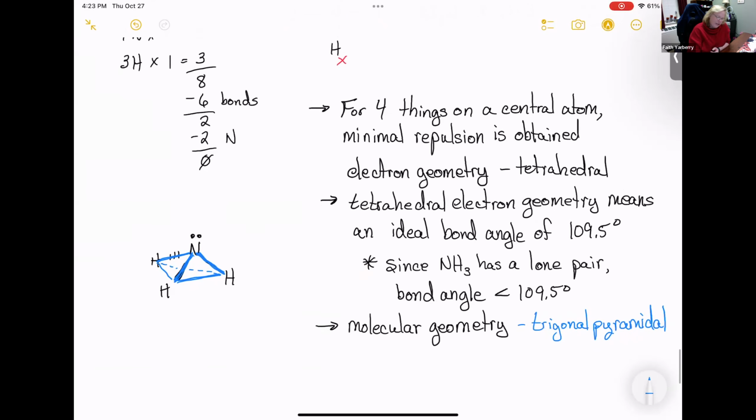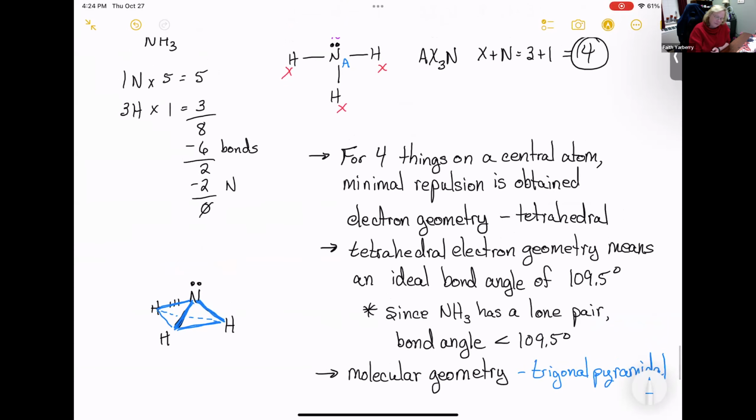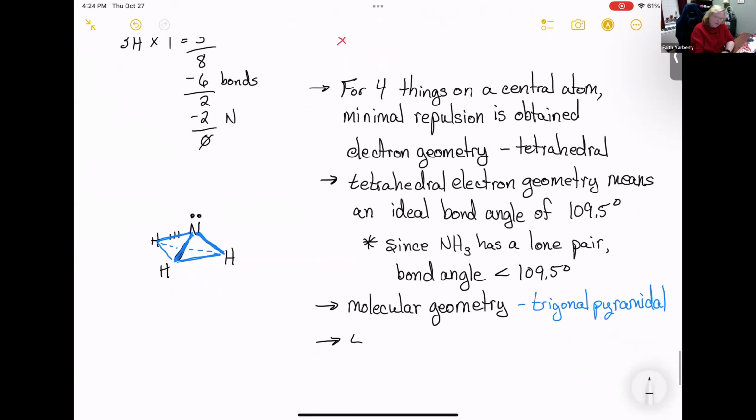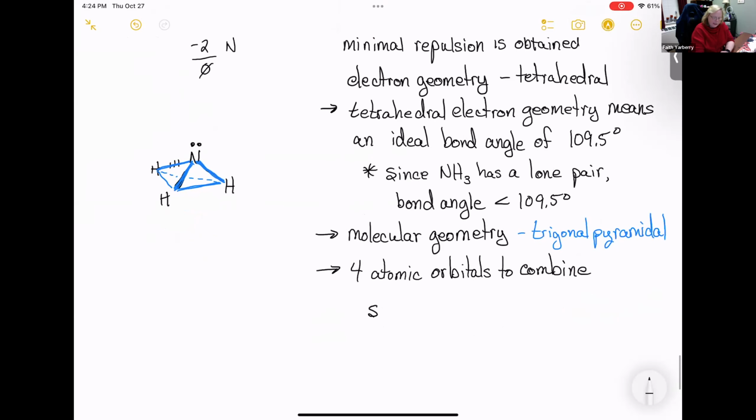Now for the hybridization. We said 4 was the key number. So that means we need 4 atomic orbitals to combine in making the hybrid orbitals. So we're going to take an s, we're going to take 3 p's, and that adds up to 4.